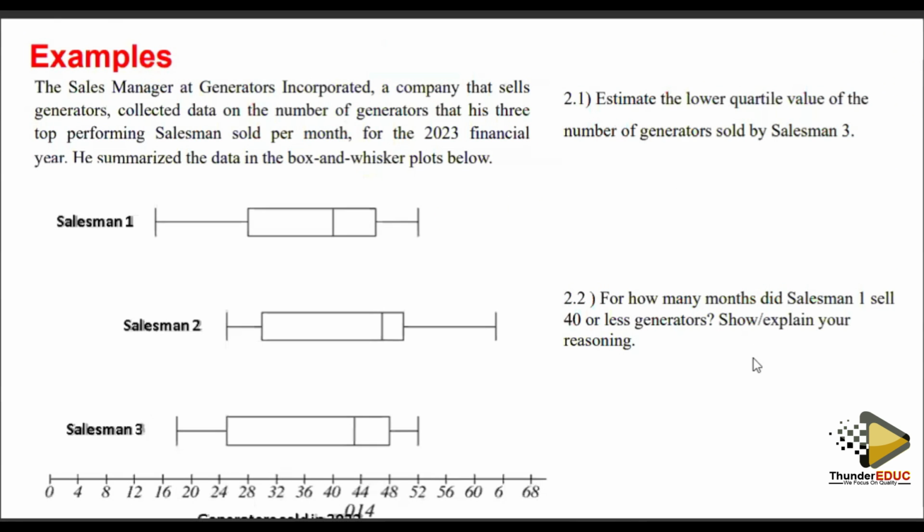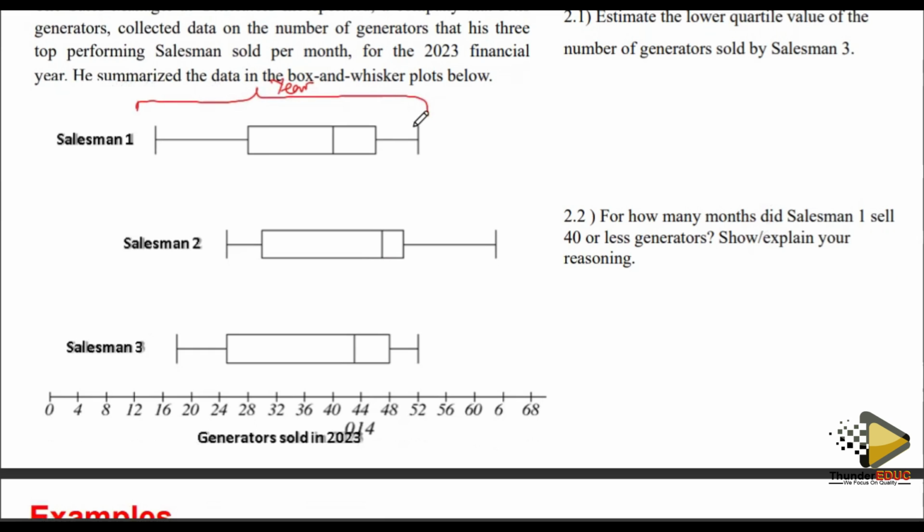So now, take note of this. Each box and whiskers represents the year. Then the number down here on the scale represents the number of generators that were sold.